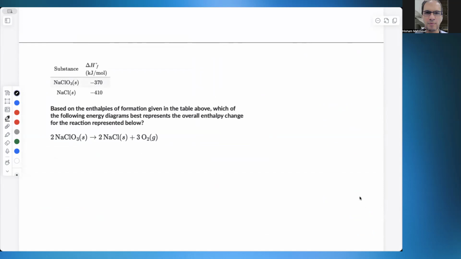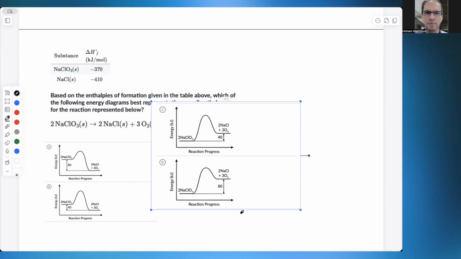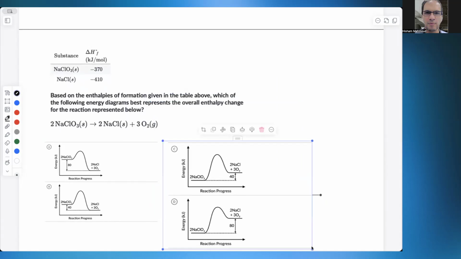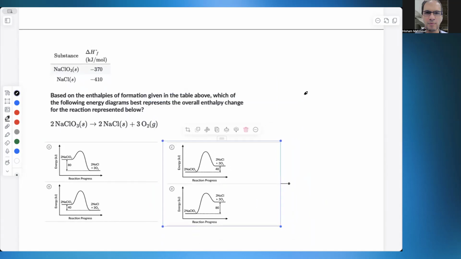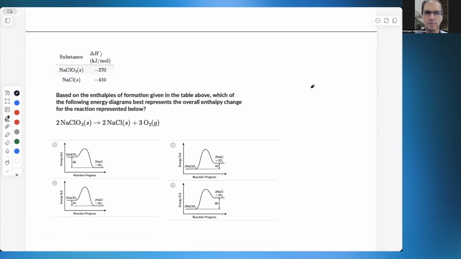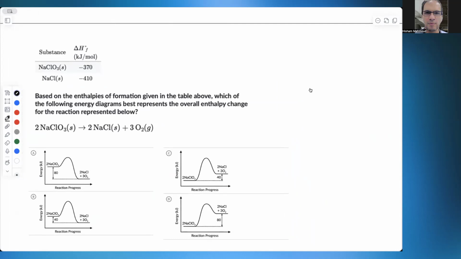Okay, this is a different question for the energy diagrams. Let's try to find if the reaction is exo or endothermic.